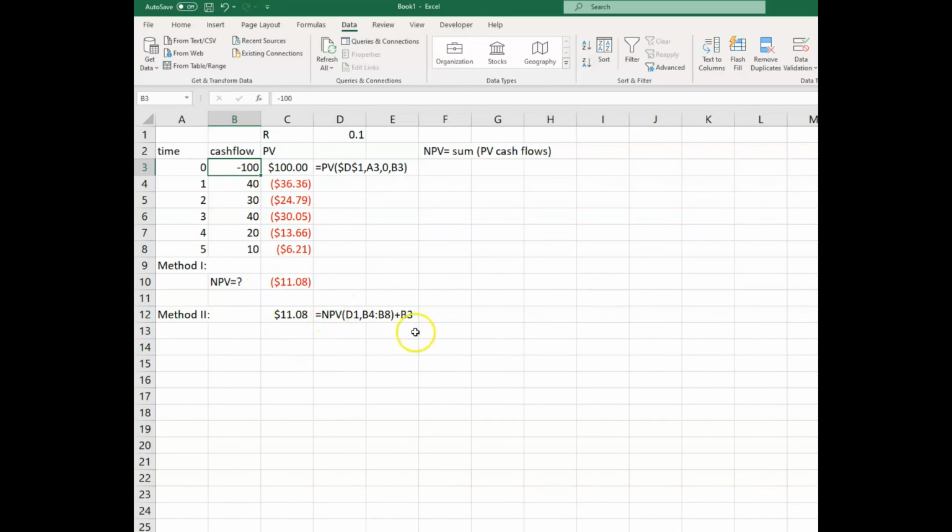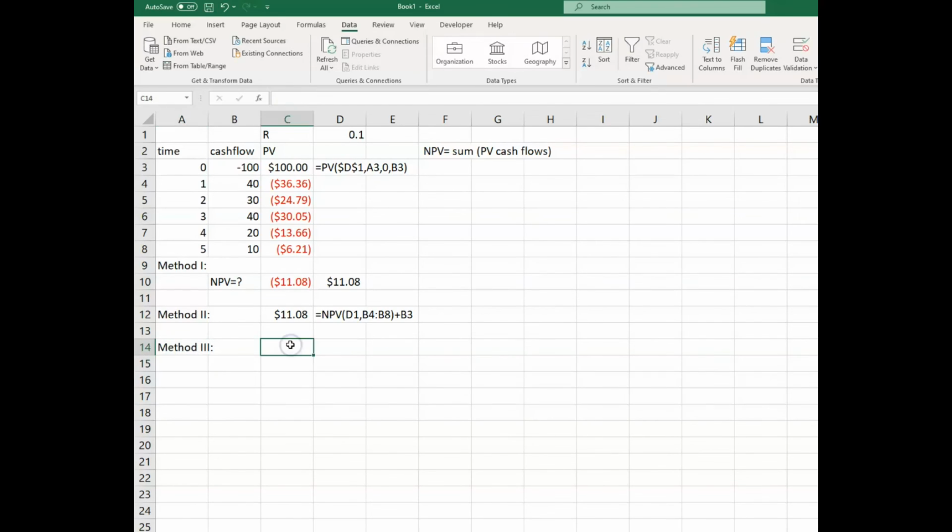Then we add back the initial cash flow. This is what I call method 2. You see we have opposite signs, so this should be negative, and actually the positive sign is correct.